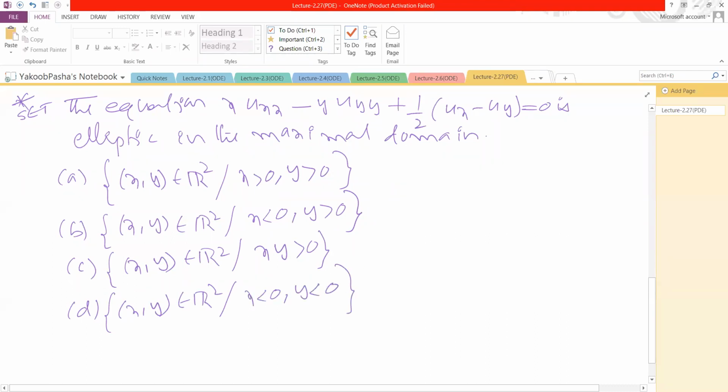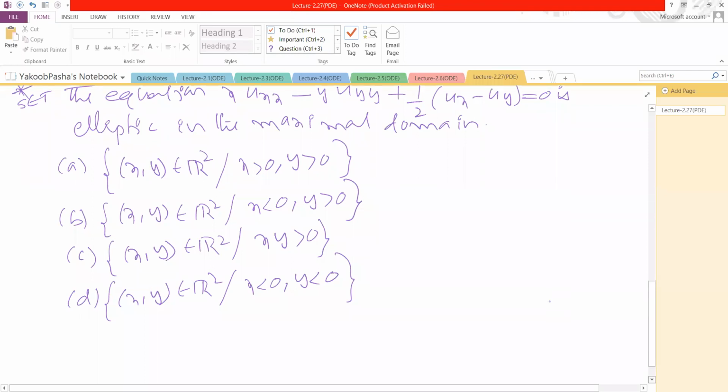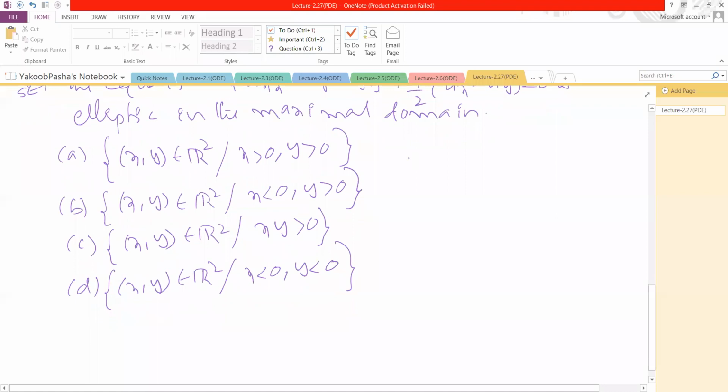Okay. So first I am taking R value. R value is x. Here R is equal to x, S is equal to 0 and T is equal to minus y. So find the S square minus 4RT value.